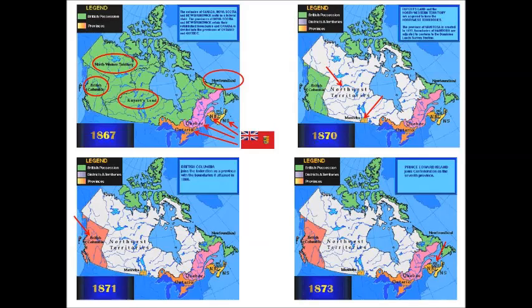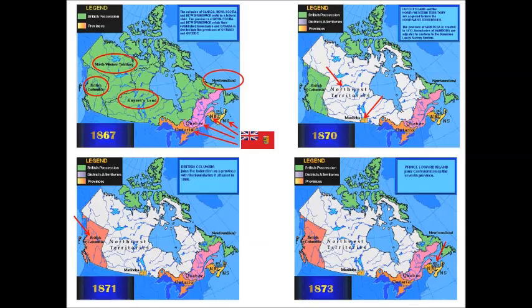And you'll also notice, in 1873, PEI, that little dot just above New Brunswick and Nova Scotia, enters Confederation. I always found that weird, that we had our Confederation talks in Prince Edward Island, but they didn't join until 1873. But that's just me.